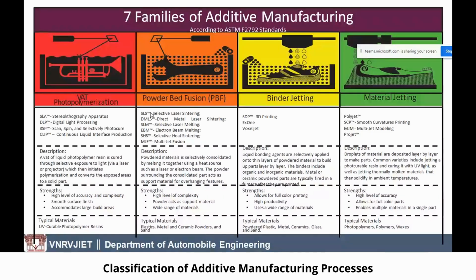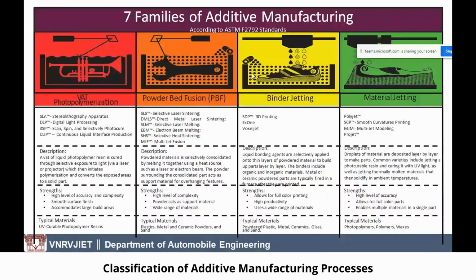The next one is the binder jet process, which we just discussed. In binder jet processing, we use only powder here, but that powder is bonded together by depositing a binding material, that is, bonding agents.